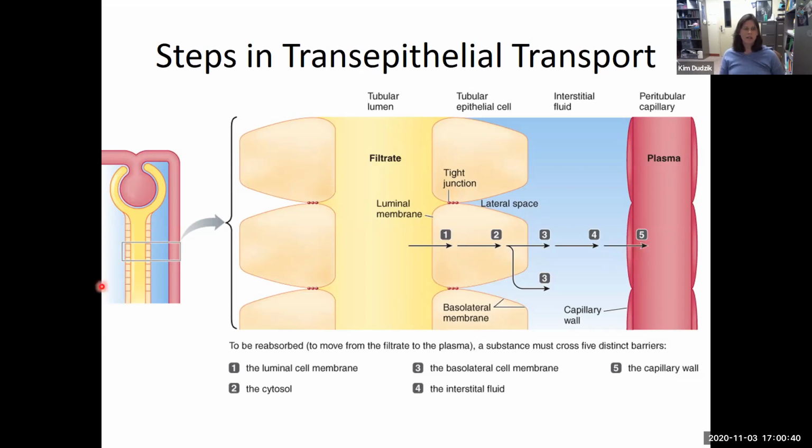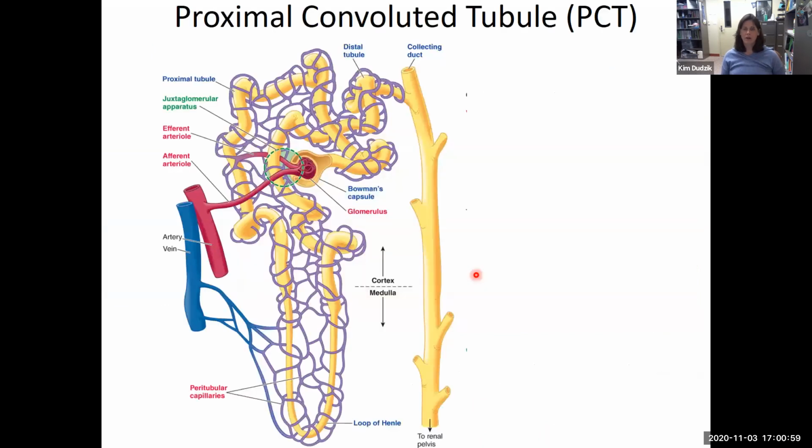So these are the steps of what's called transepithelial transport. Trans means going across what? The epithelium, right? And we're transporting it. Again, this is all occurring at the proximal convoluted tubule, at this portion, up in the cortex, all the way around here.